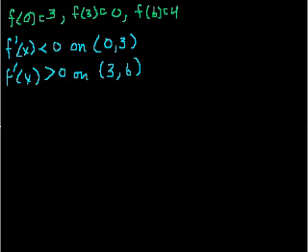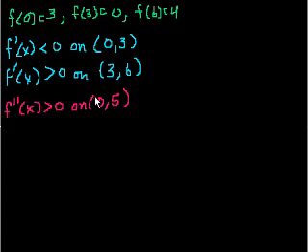Okay, so that's the information about the first derivative. And what do they tell us about the second derivative? They tell us that the second derivative is greater than 0 on the open interval from 0 to 5. So that means it's concave upwards there.